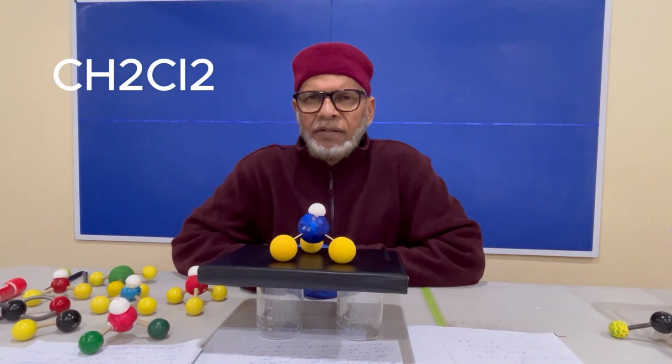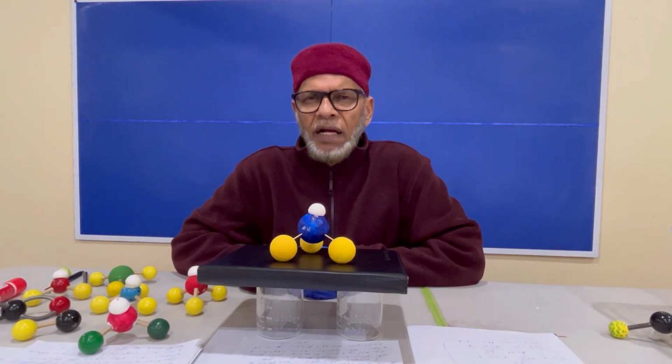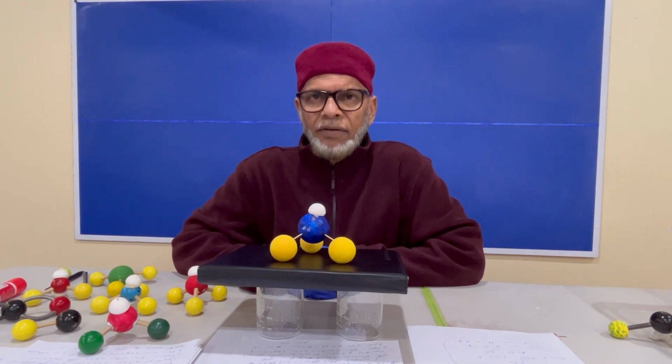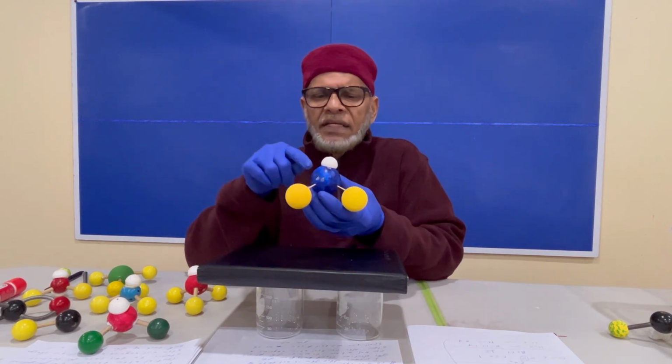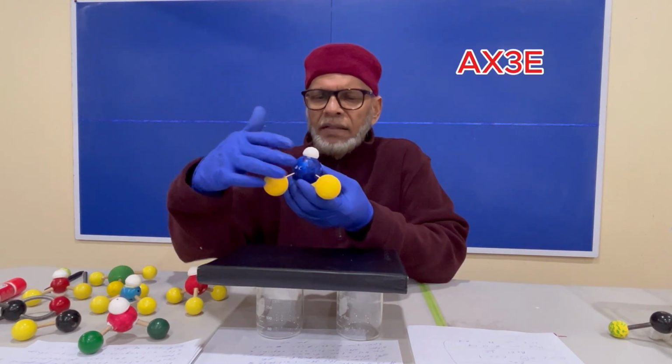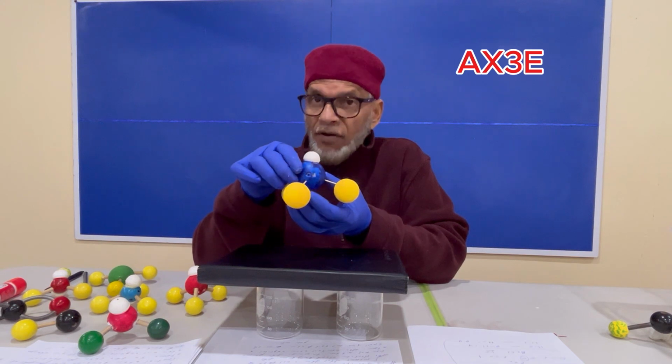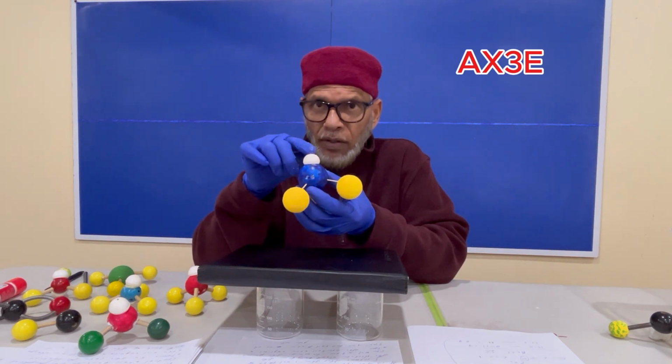We should now try to determine the polarities of a few AX3E type of molecules. Recall that in these molecules there is a central atom that is surrounded by 3 peripheral atoms and a lone pair of electrons.